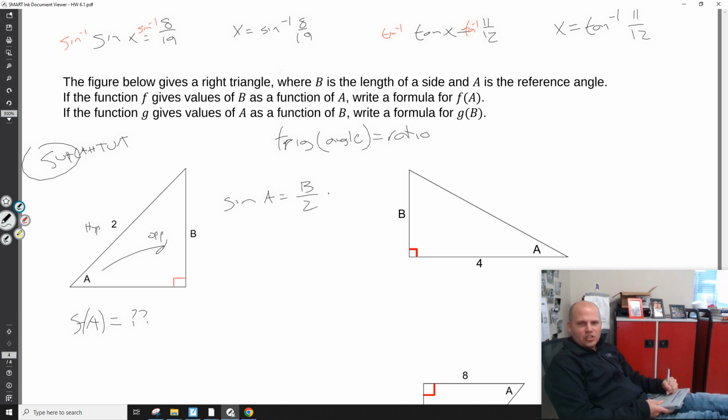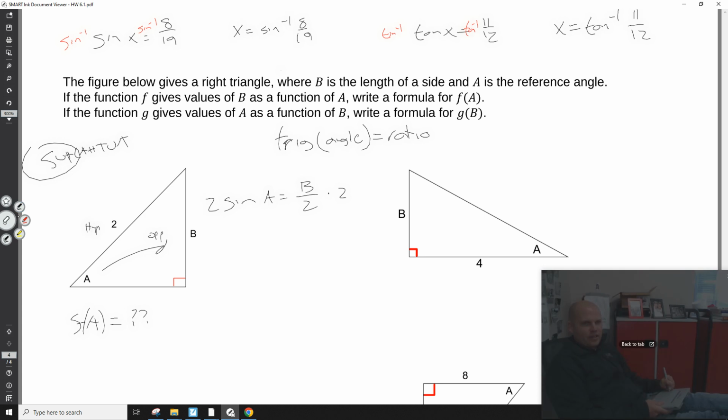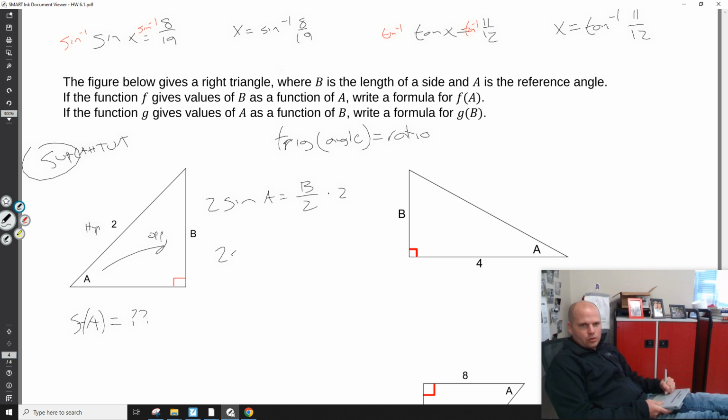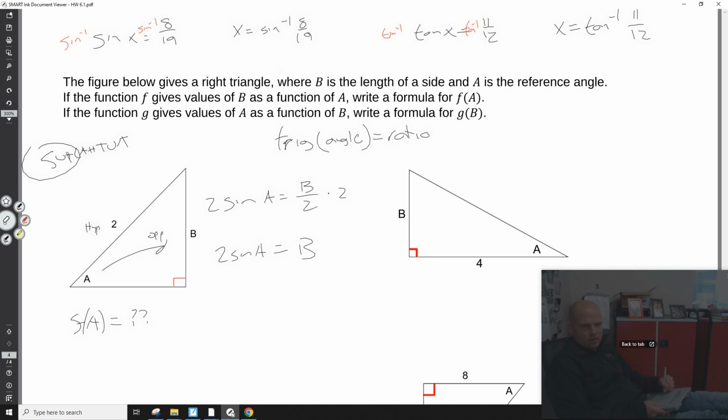What we want you to do is essentially just solve for B here, where you can say, okay, 2 times the sine of A has to equal B. Okay, take A, plug it into this machine, you'll get B. That's kind of the idea of like, it gives values of B as a function of A. 2 sine A equals B.